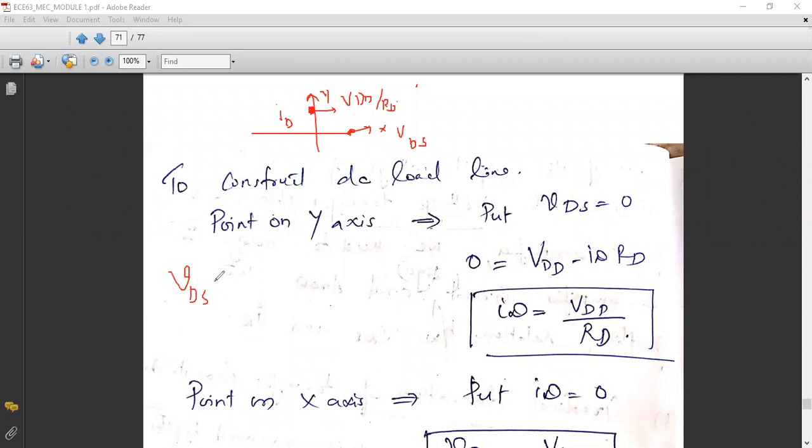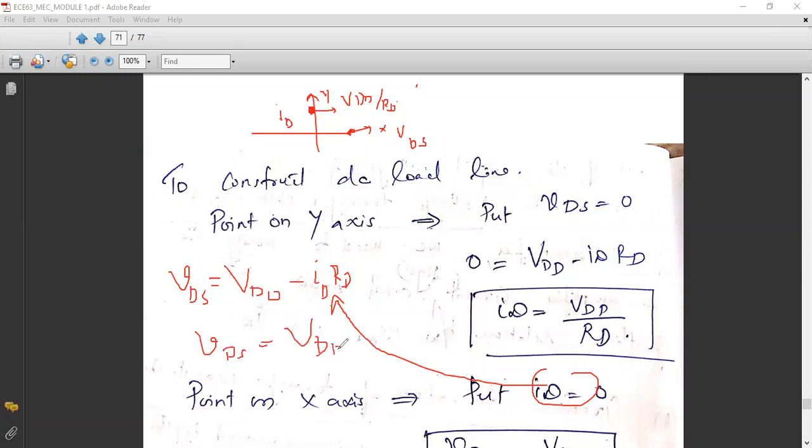While writing the equation, please be careful with your uppercase and lowercase letters: small letter v with capital DS is equal to pure DC VDD minus small letter i with capital D into RD. In this equation, you put your y-axis value as 0, and correspondingly we can find your x-axis coordinate, that is VDS is equal to VDD. This will be your x-axis value.